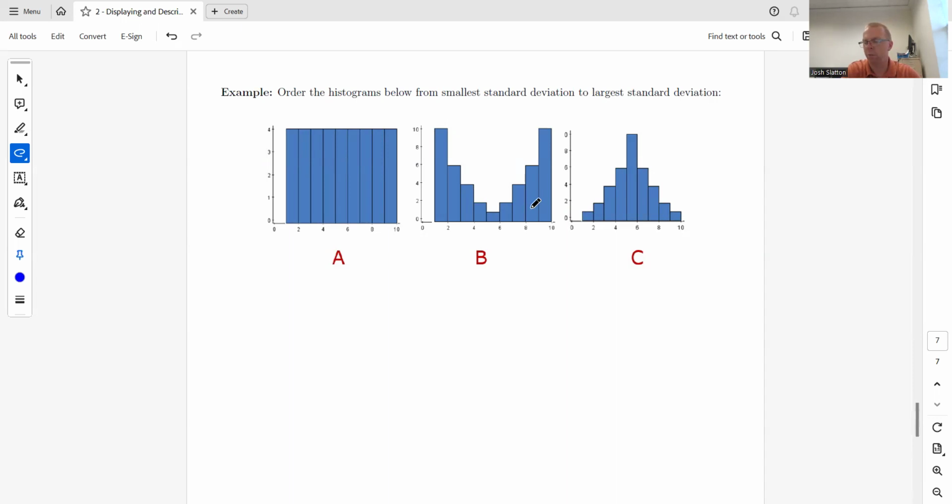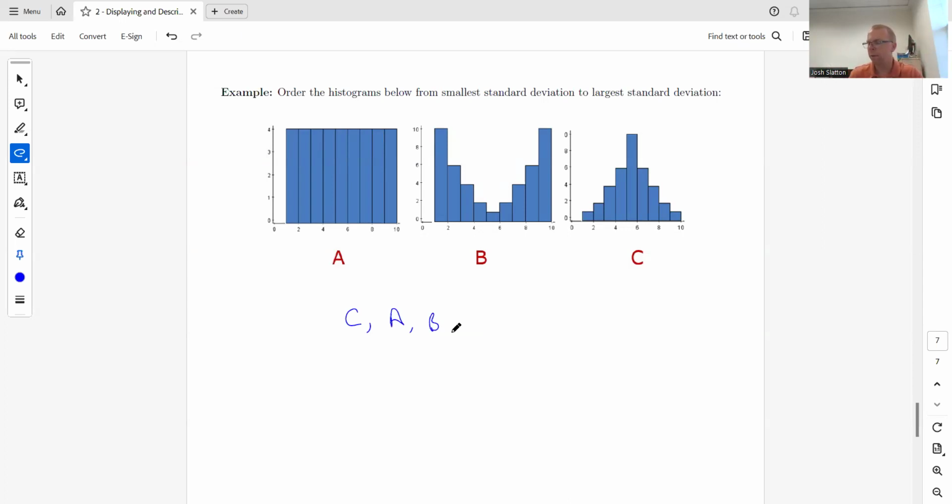And so this would go, C would be less spread out because you have that one mode in the middle. It's pretty symmetric. And then A is actually going to be next in the increasing order, and then we'll have B next. So all of those data points on the end make B more spread out than A.